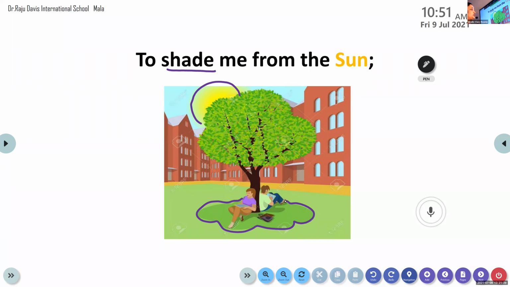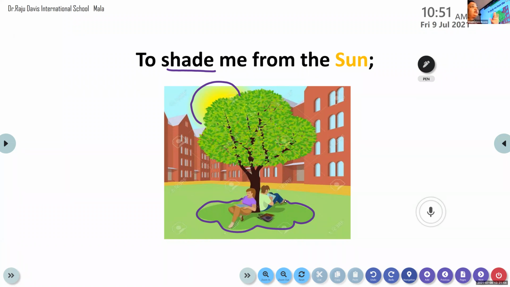Think about it, my dear students. When we go out in the afternoon, it is so hot that after some time we feel very tired. So at that time, sometimes we use an umbrella. Don't we do that? But in case we have forgotten to take the umbrella, what can we do?